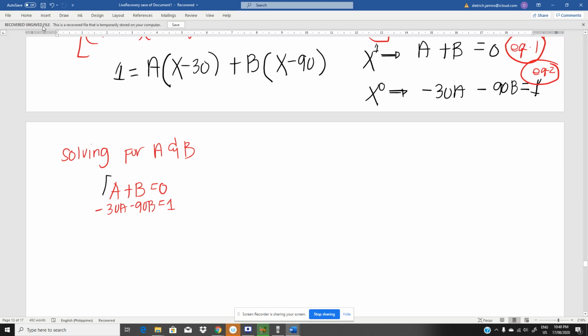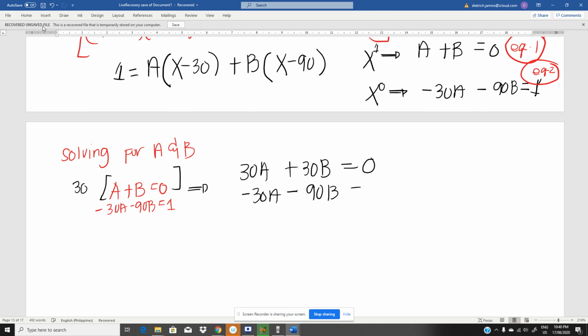So I'll multiply equation 1 by 30. So we will have 30A plus 30B is equal to 0. And then the other one, equation 2, negative 30A minus 90B is equal to 1.